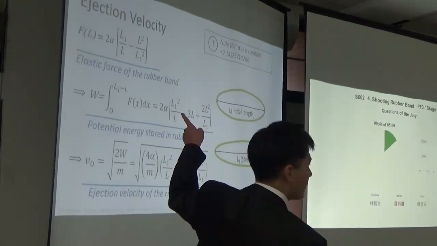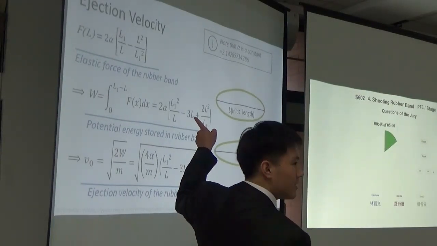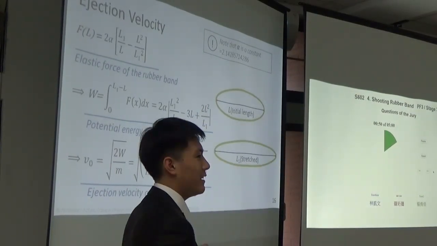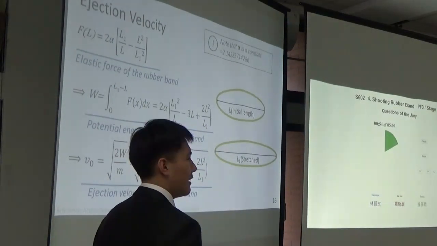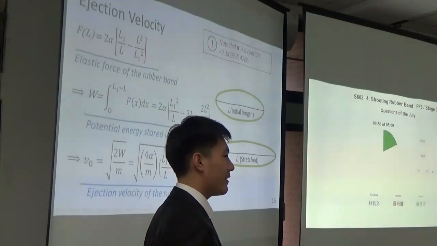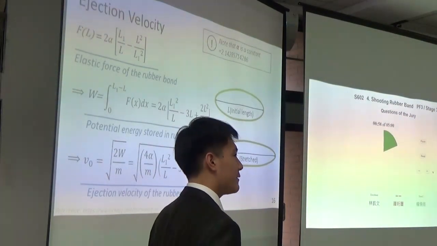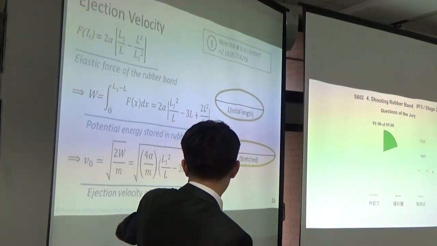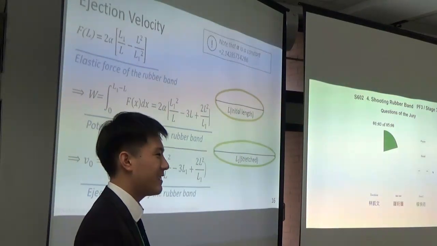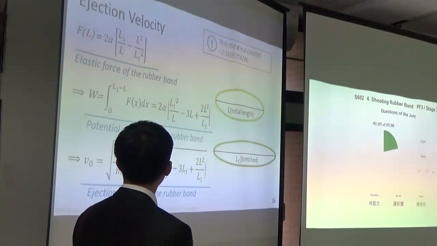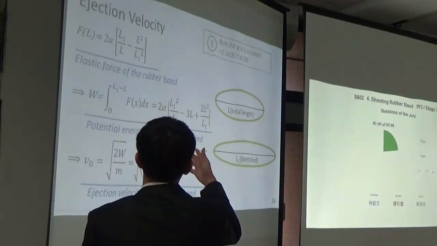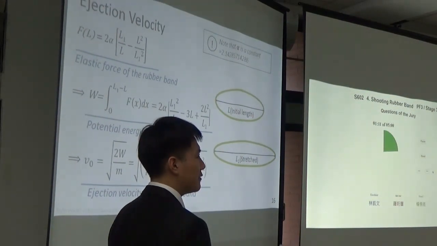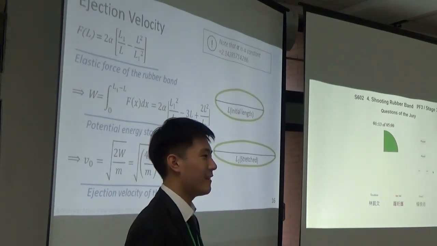Oh, you mean this model? This force we have a reference from a theoretical model. What is the model? Well, the model is that the force is equal to 2 multiplied by alpha and the elongation.